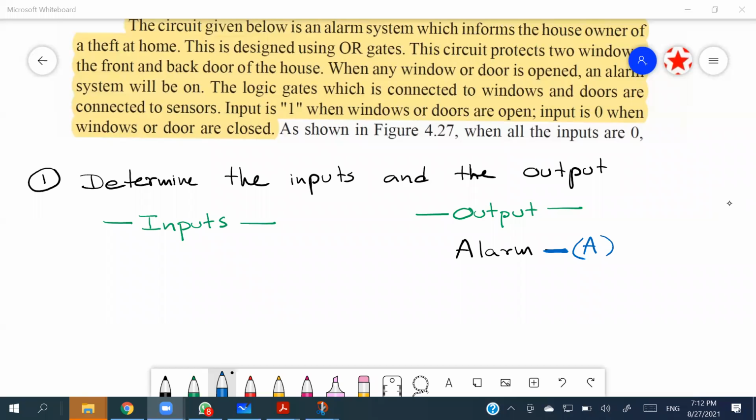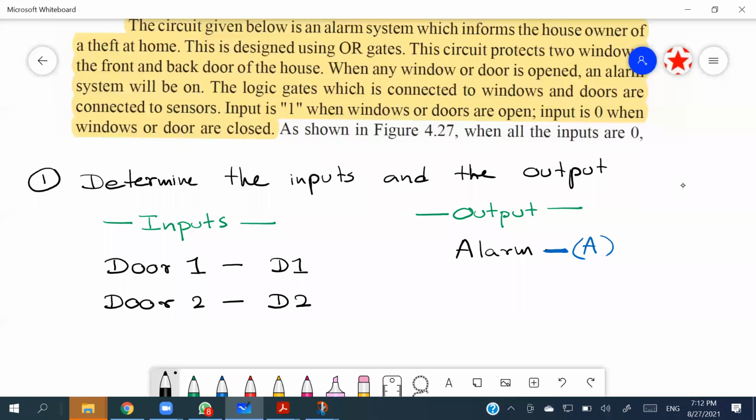So how many windows do we have? 2. How many doors do we have? 2. So I'm taking door 1 and indicating it as D1, and door 2 as D2.